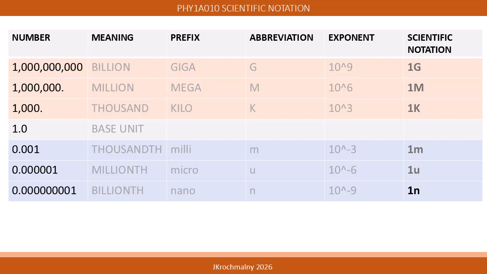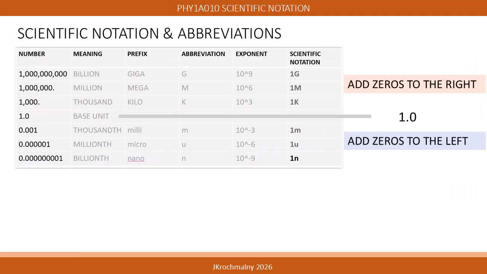Scientific notation then provides a code that allows values to be written in convenient ways. Considering the value of 1 million, the unit of 1 with 6 zeros erased and substituted with a capital M means million. The scientific notation value of 1 capital M, erasing the letter M and substituting with 6 zeros to the right, converts this to 1 million.